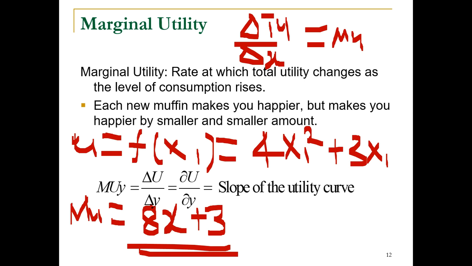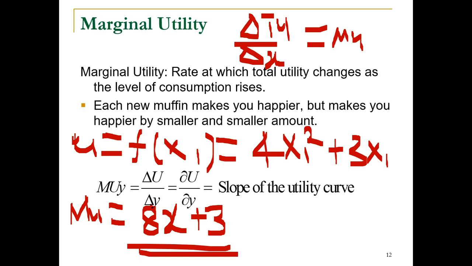Now I've just remembered something. There are times when they're going to ask us to, one, find the marginal utility, and two, find the utility maximization quantity. In short, find the actual amount that this particular consumer should consume for his utility to be maximized.